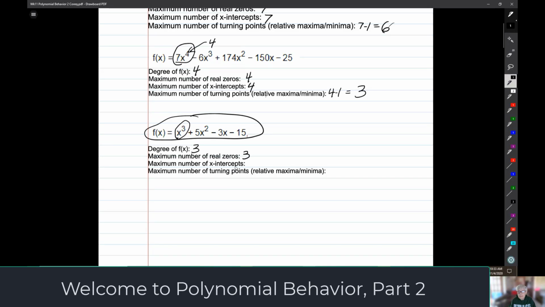The maximum number of x-intercepts is 3. And the maximum number of turning points is 1 less than 3, which is 2. Simple pimple. This could not be easier. Just takes a little bit of memorizing.